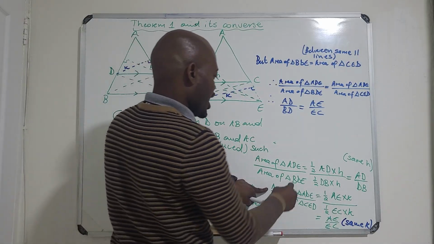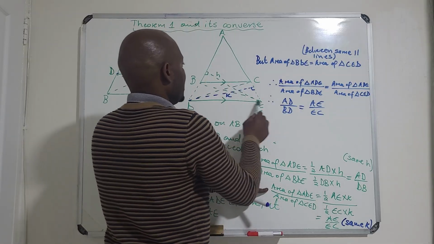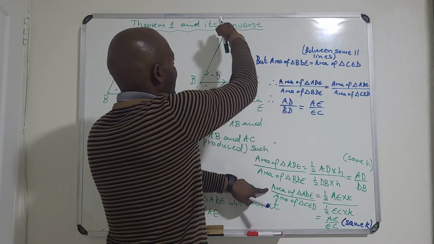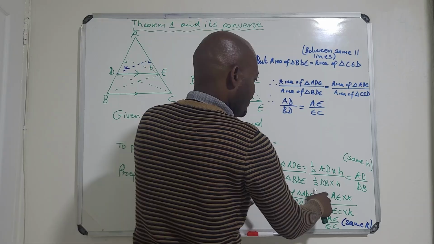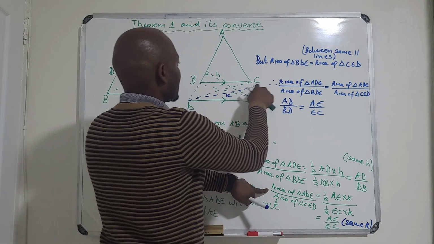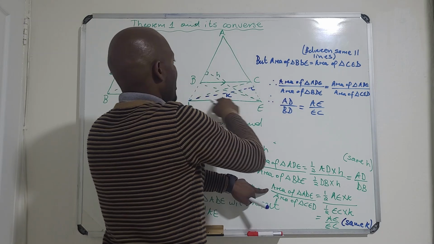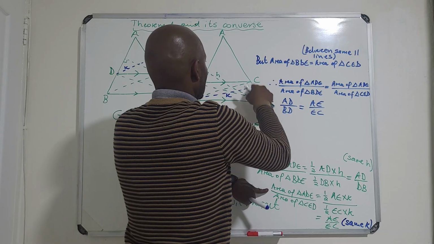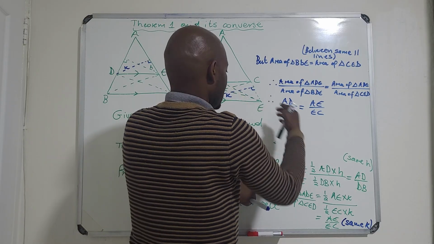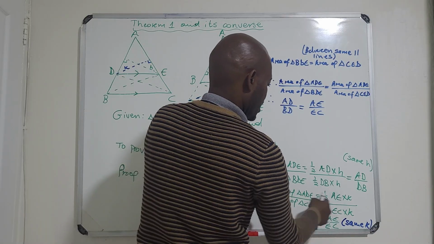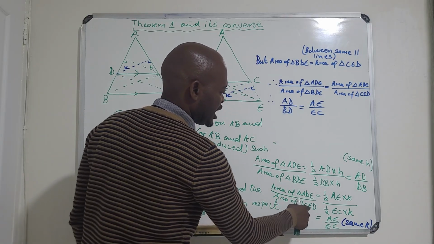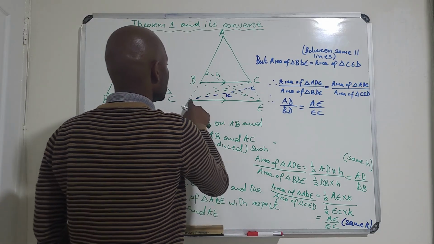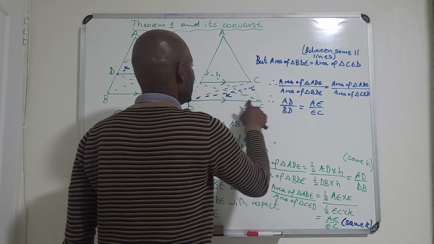The area of triangle ADE, now obviously with respect to the base AE. You can see half AE times K, because this triangle ADE has a height where the base is AE. All over the area of triangle CED.